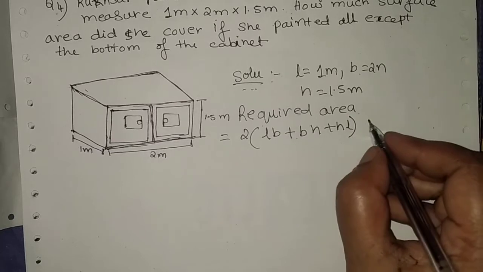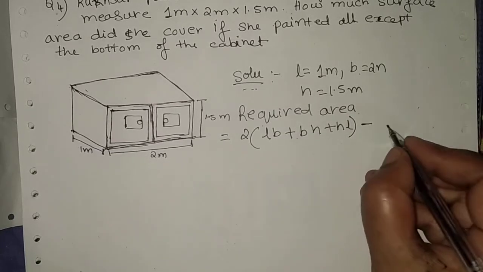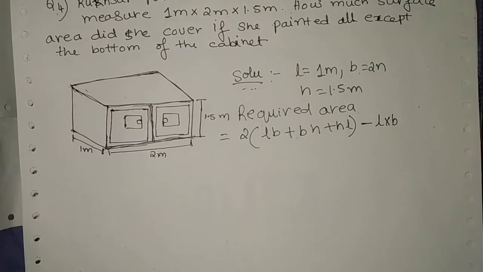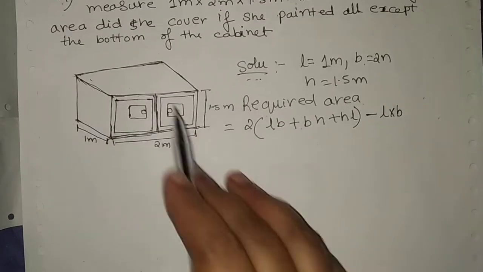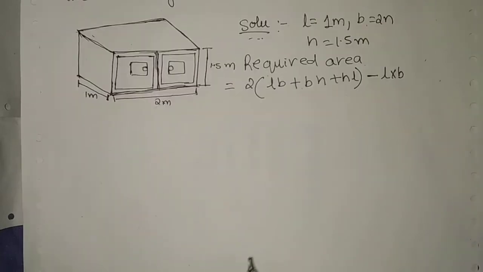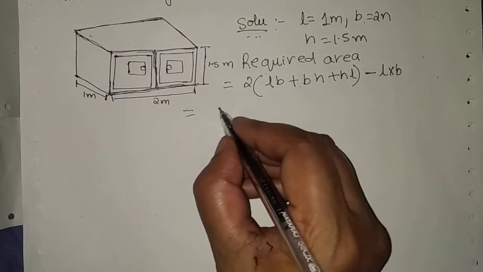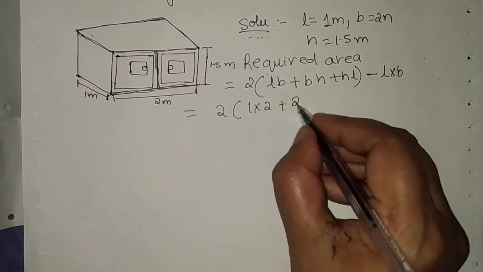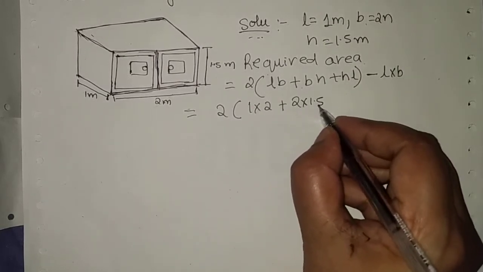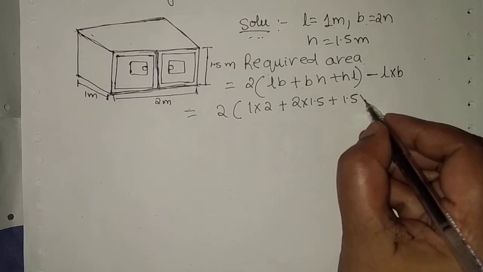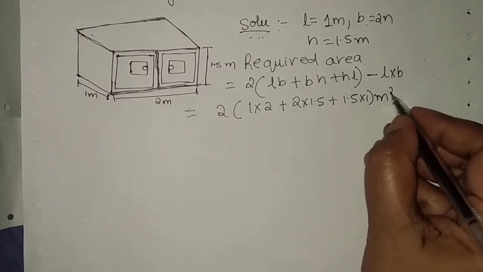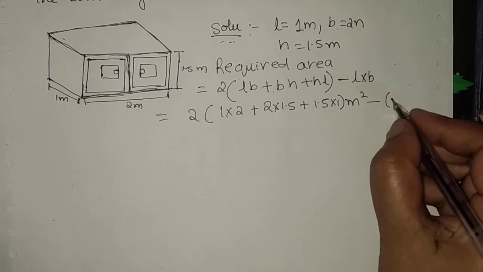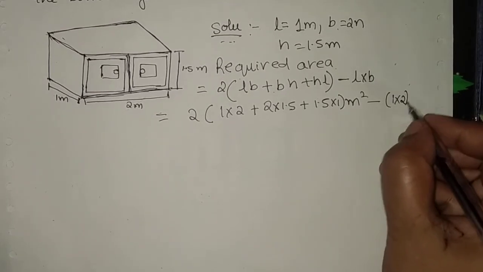Since we have to subtract the bottom, we have to use one more, that is length into breadth. Since this bottom area should be subtracted from the total area, substitute all the values: 1 into 2 plus 2 into 1.5 plus 1.5 into 1 meter square minus again the length into breadth, 1 into 2 m square.